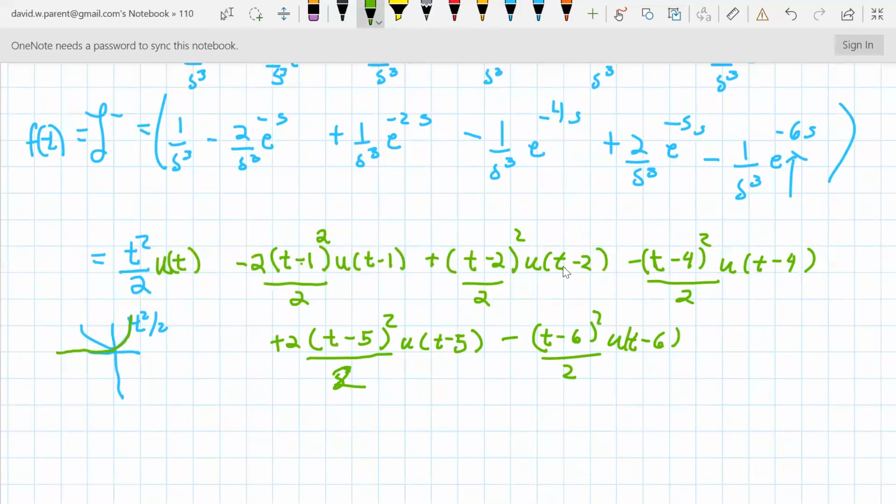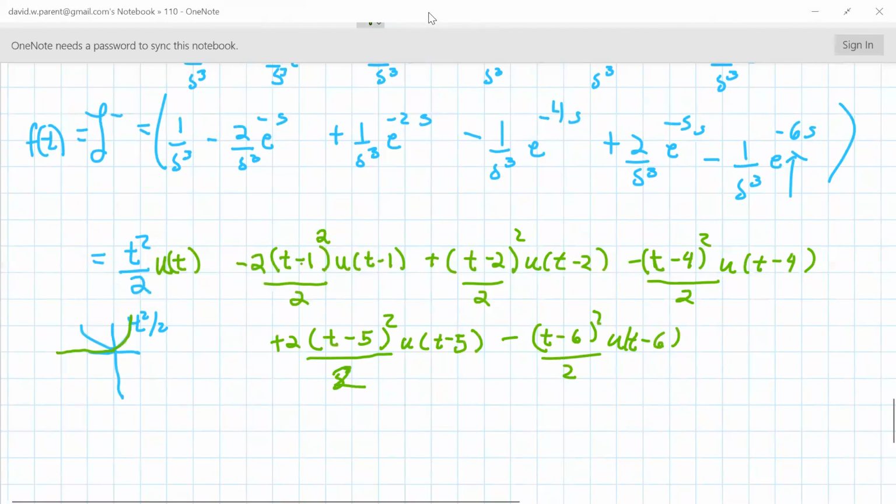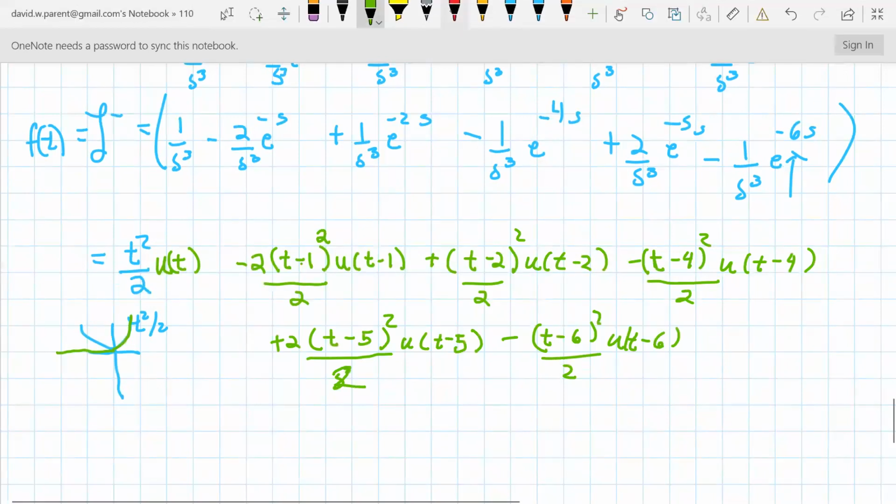Now, this part, this is really hard to draw by hand, all right? But before we draw it, right, what's this? That's just r t squared divided by 2.